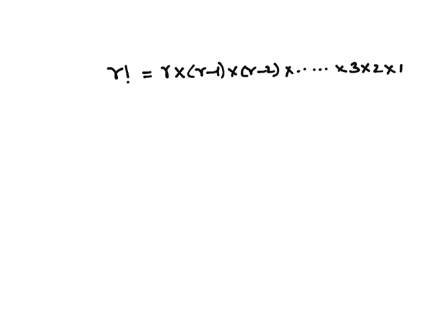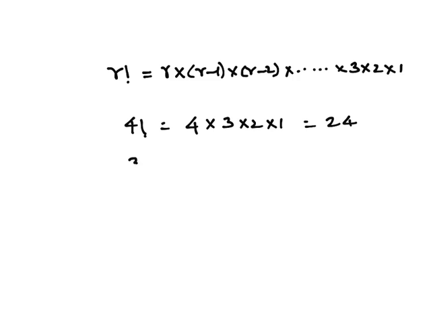Now, R factorial can be written as R into R minus 1 into R minus 2 into ... 3 into 2 into 1. So if I say 4 factorial, it is 4 times 3 times 2 times 1, which is nothing but 24.